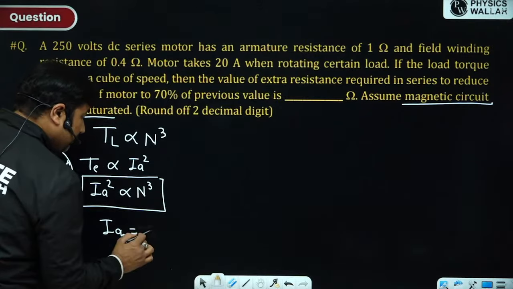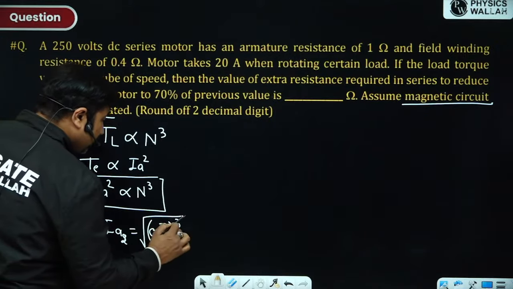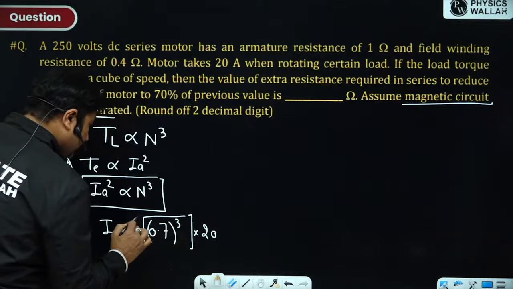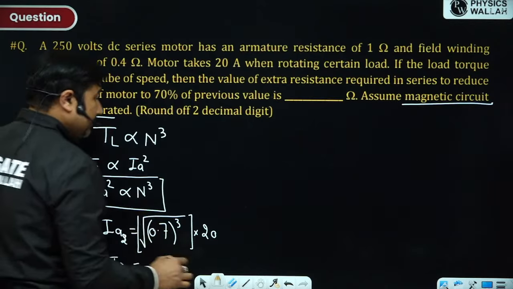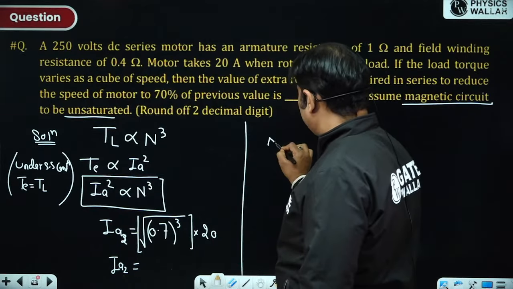So what is the new armature current? 0.7 cube root into 20. How many of you were able to understand what I have done here? Once you have this, you can put it into the speed expression.